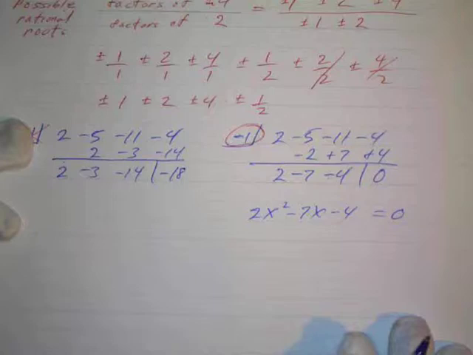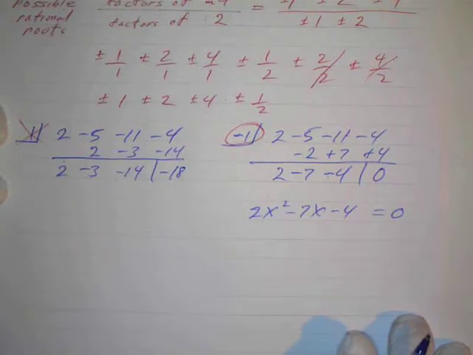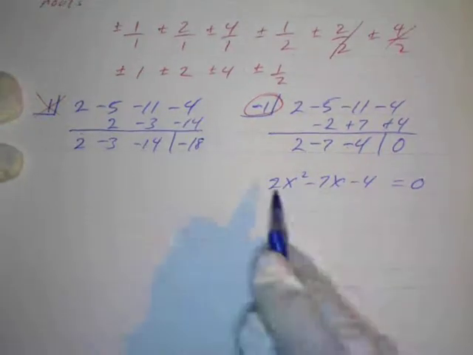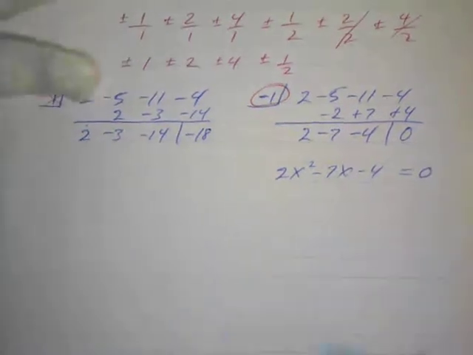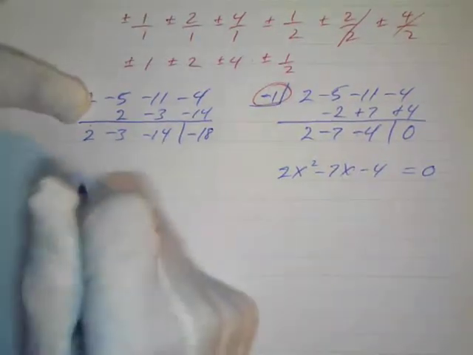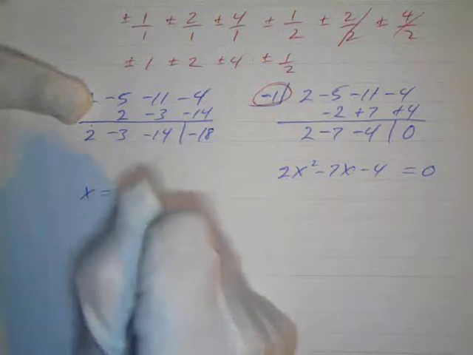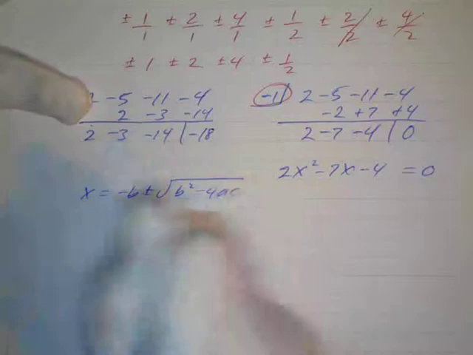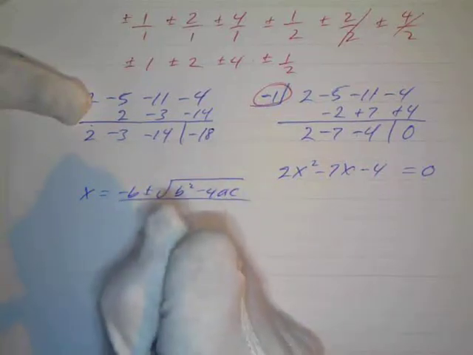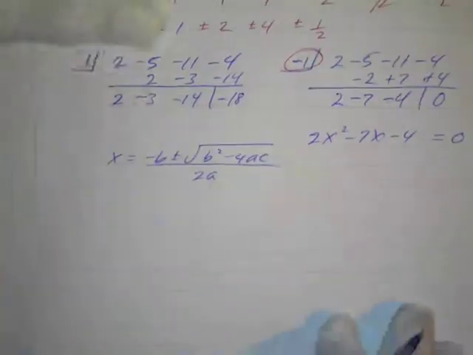Now we've got a quadratic equation, and we can either factor it, complete the square, or use the quadratic formula. I don't really want to go to the trouble of factoring this. There's a way to do that, but I'm just going to use the quadratic formula. Remember, x equals negative b plus or minus the square root of b squared minus 4ac, all over 2a. So that's your quadratic formula.